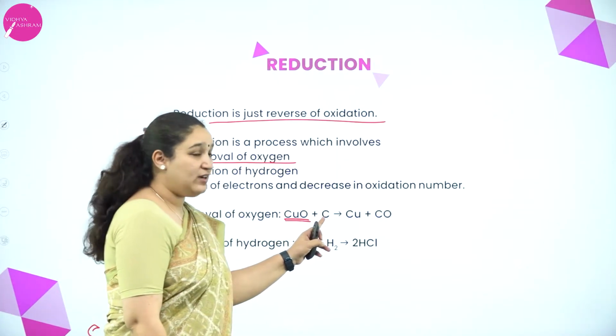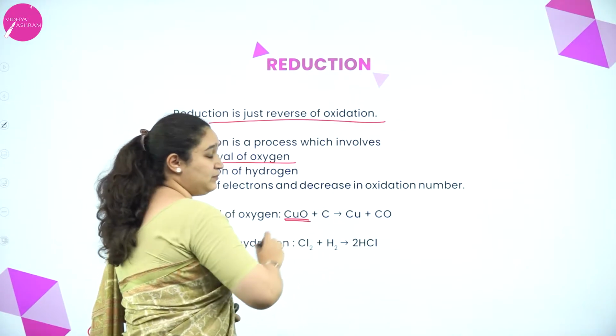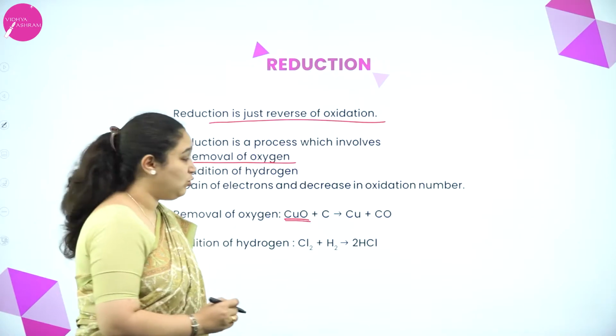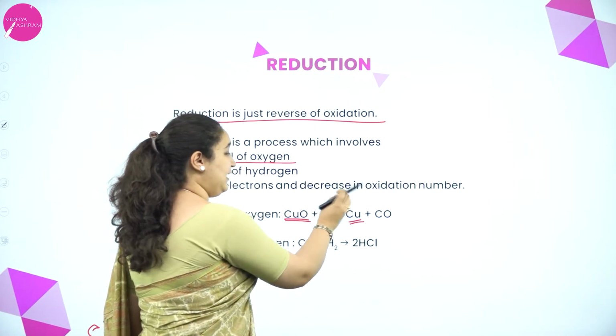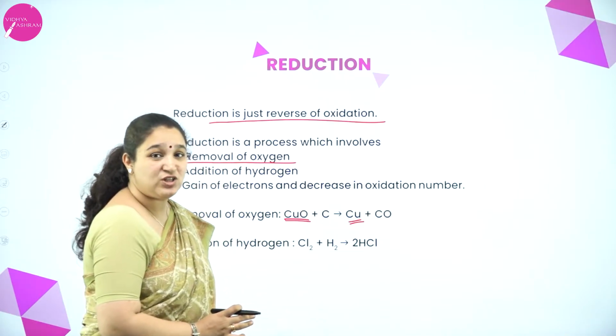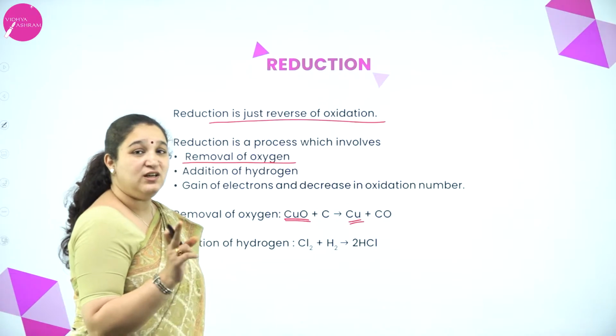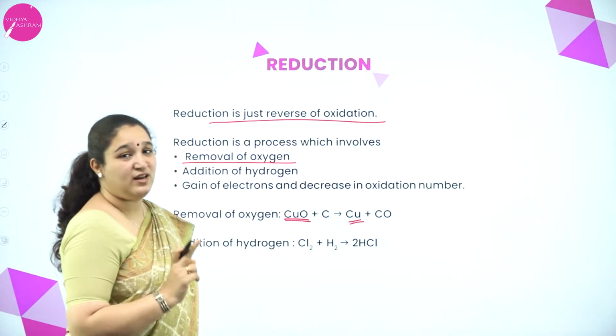When it reacts with carbon, carbon will take away oxygen from CuO to form copper metal. So oxygen is getting removed in the process, and this reaction is reduction reaction.